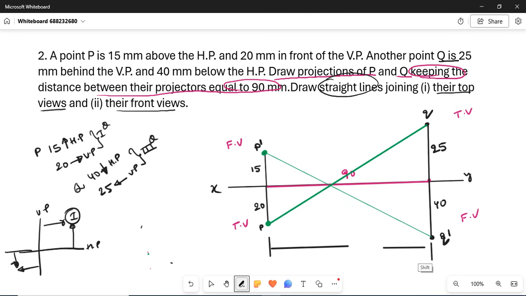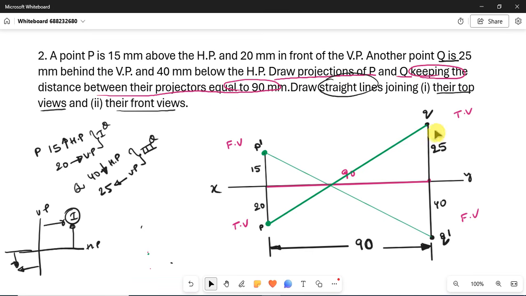I roughly showed it there, but you have to show it like this. Neatly fill the arrow marks here, and it will be 90 mm. So this is the solution for this case.